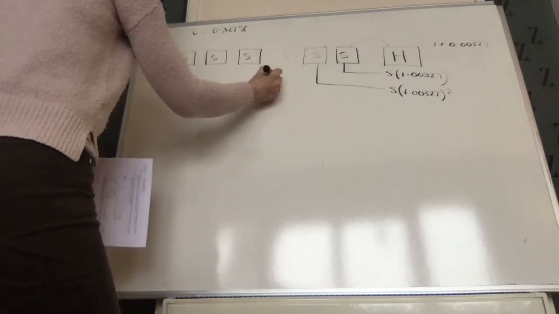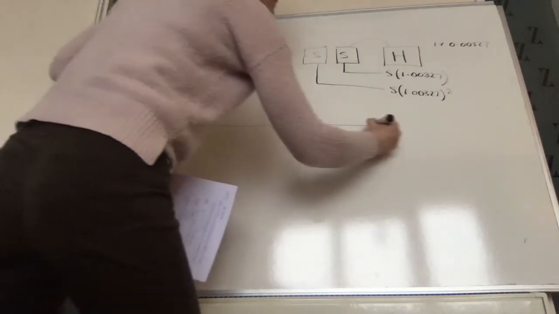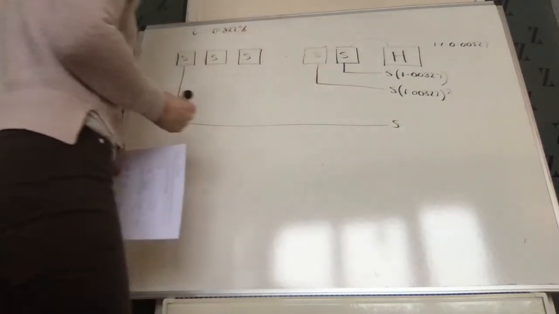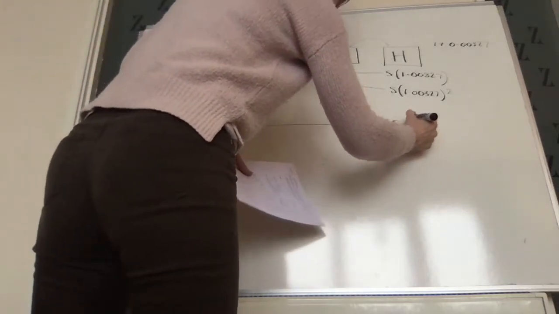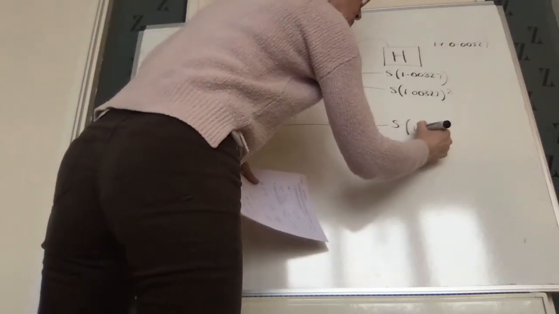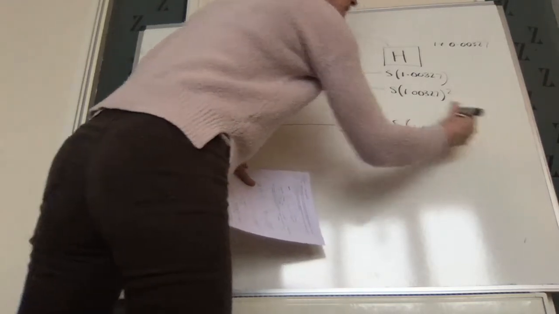And going the whole way back, then, her very first payment, having been in there for n months, will be worth S times 1.00327 to the power of n.